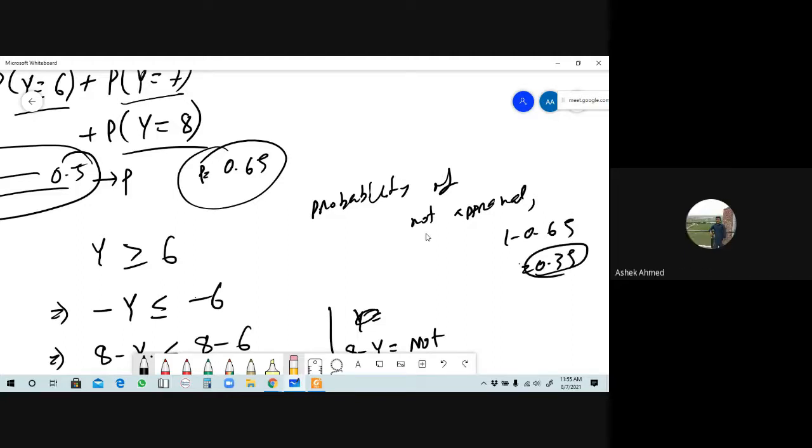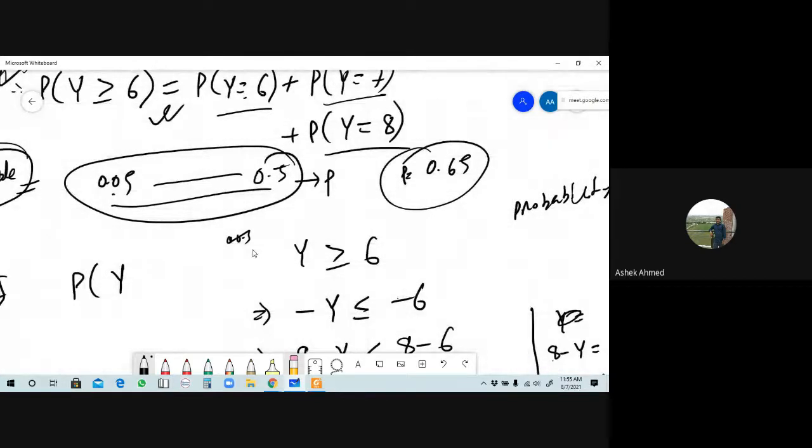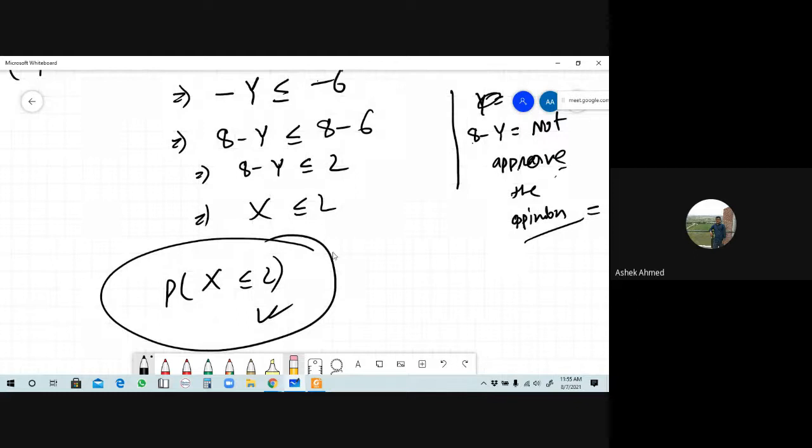Now can you say this is possible in the table? It's possible in the table. The table has values from 0.05 to 0.5, so 0.35 lies in this table, so we can evaluate this result by using the table.